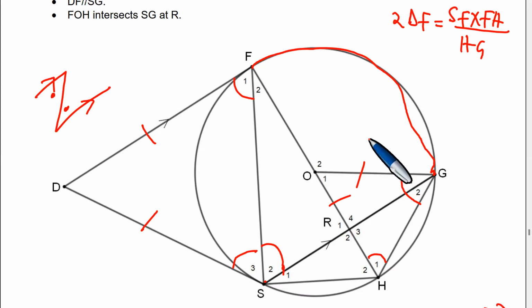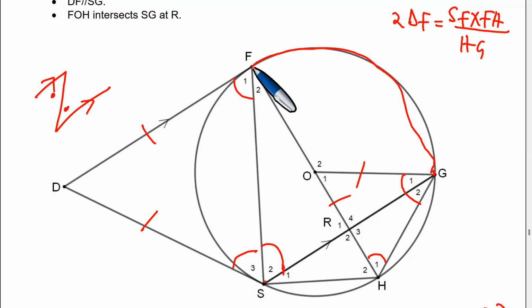Obviously I was listening to you there because one way to do this is you can divide. Because you want the similarity theorem, you can divide by SF, so it becomes DF over SF.